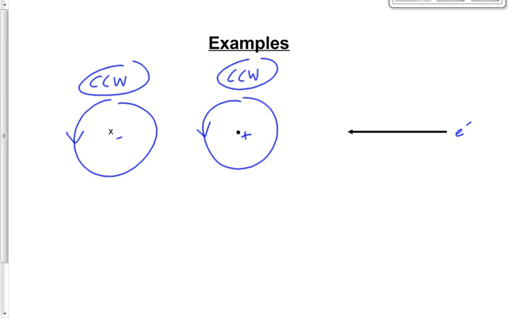Which way? Where are my fingers right now? Don't tell me which way they're pointing.